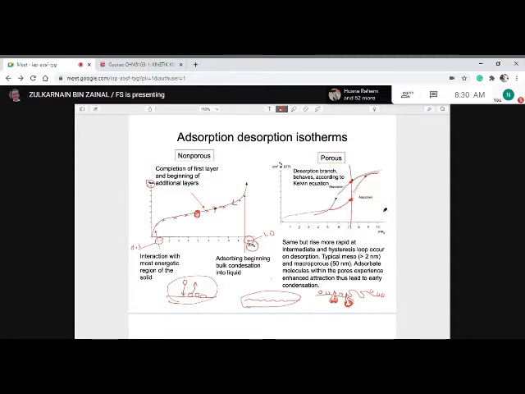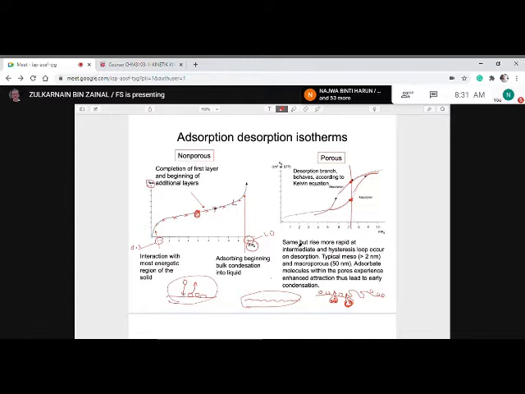Okay, so that shows that you will need a lower relative pressure in order for you to be able to desorb the amount of adsorbate that is trapped in the pores, right? Okay, so you can read.